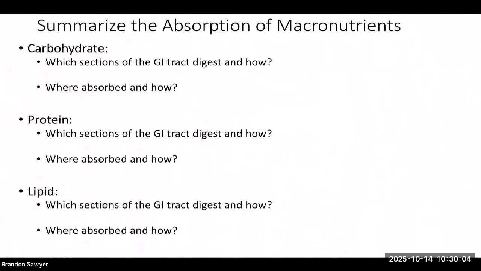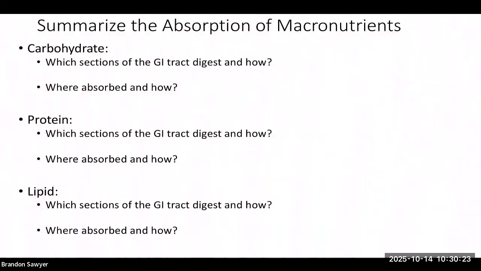I didn't write anything down for you to copy, but we can talk it through. For carbohydrates, which section of the GI tract digests and how? We start in the mouth with salivary amylase, which continues to work some in the stomach.